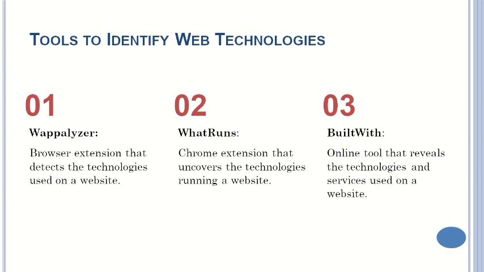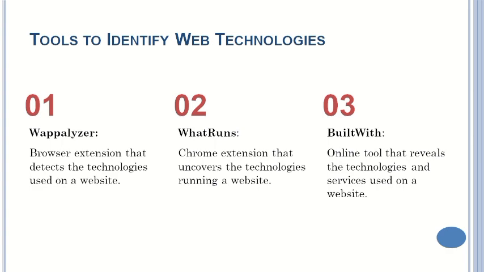BuiltWith is a comprehensive tool that not only uncovers the technologies but also provides historical data. It can also show you the growth and decline of a specific technology over time. It's perfect for tracking industry shifts and predicting future trends of a technology.